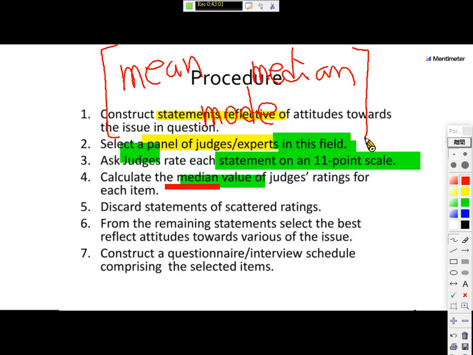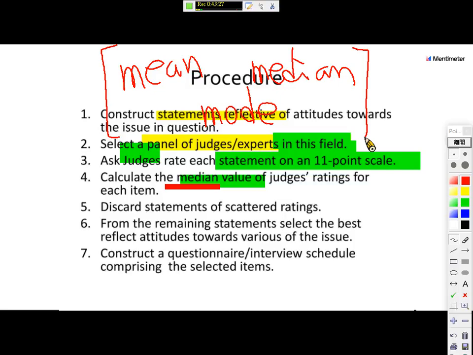Mean, median, mode. Median is like, for example, if we use an example from the 7-point Likert scale, the median is 4 because it's the middle number. Whereas mean refers to something like average. Mean is the average. Median is the central point of all the answers.